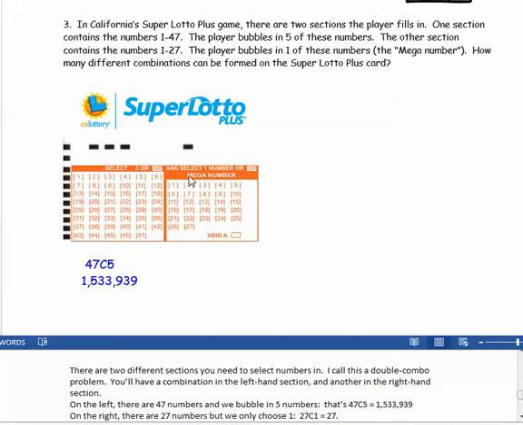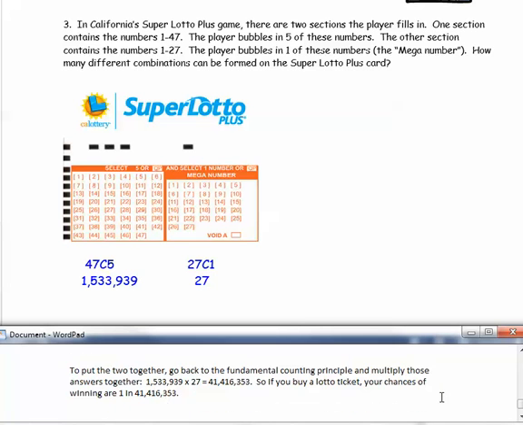On the right, there are 27 numbers, but we only choose 1. So 27, C, 1. And that equals 27. To put those 2 answers together to get a final answer, we go back to the fundamental counting principle, which says we always multiply to find the number of ways to combine things.